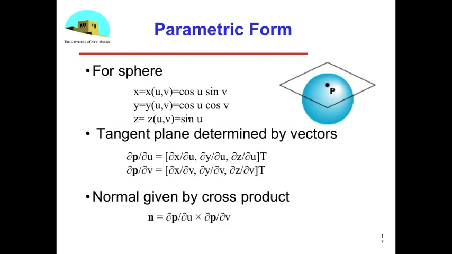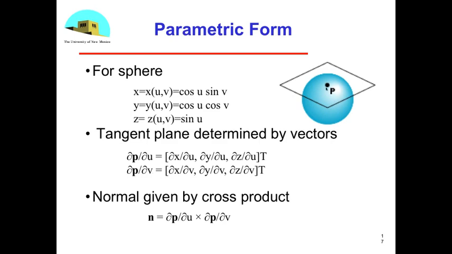You can also do it directly from the parametric form. If you want to do circles of longitude and latitude, these are the equations that they would satisfy. So we have a 2-parameter family of functions for x, y, and z, and then we can ask, what is the tangent plane? Any of you who took calculus 3 would have seen this in vector analysis: the gradient with respect to u is a vector pointing in this plane, and so is the gradient with respect to v.